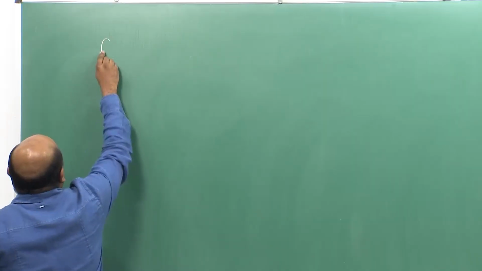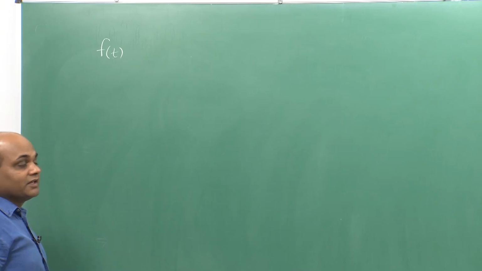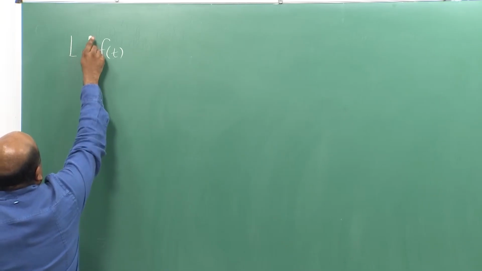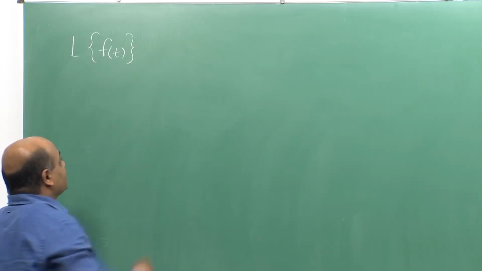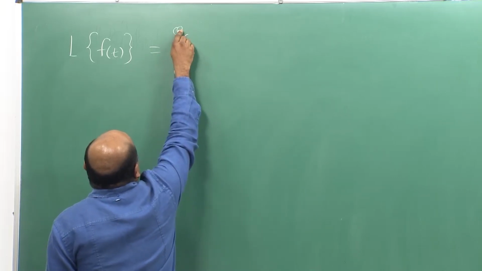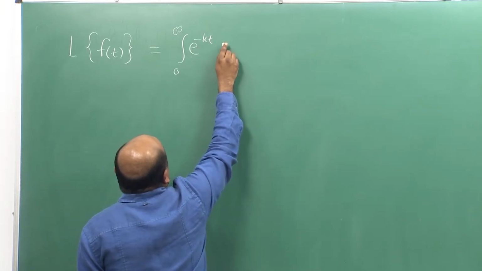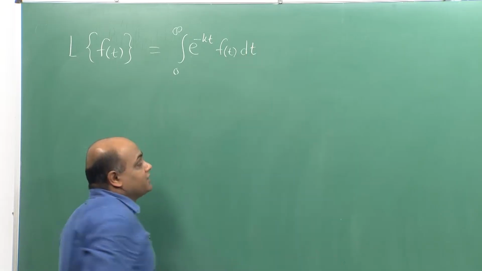If we have a function f of t, then we define the Laplace transform of f of t, or we write L of f of t, as the integral from 0 to infinity of e to the power minus k t times f of t dt.